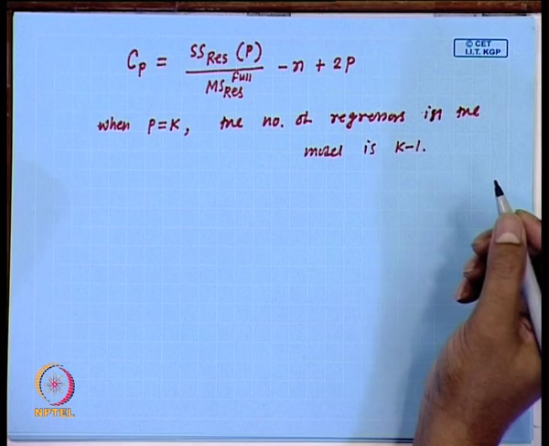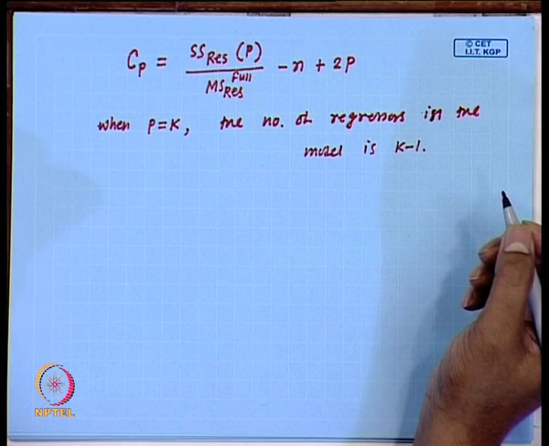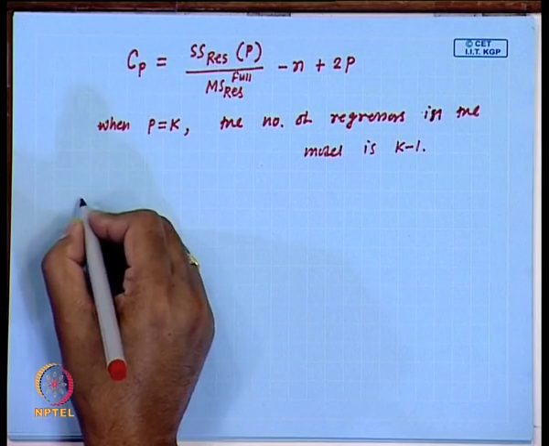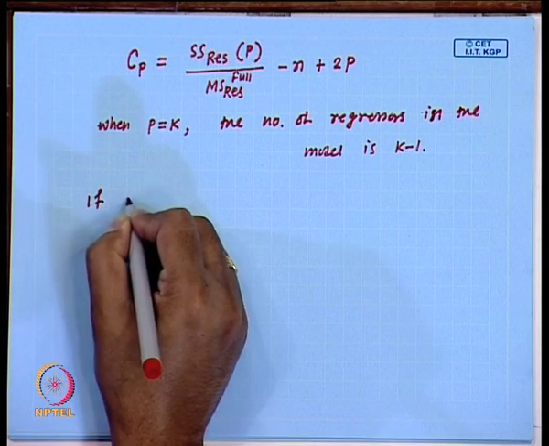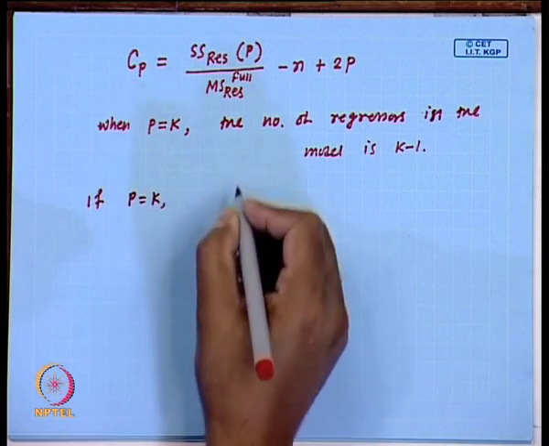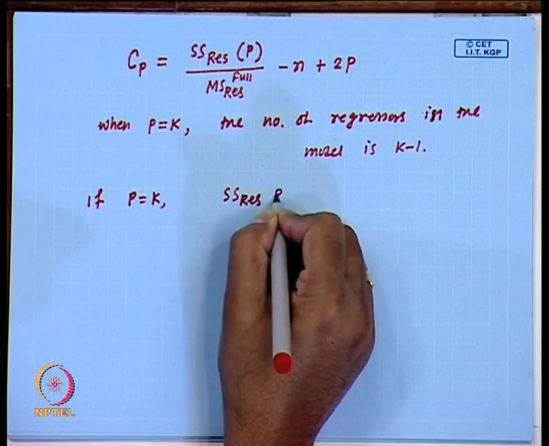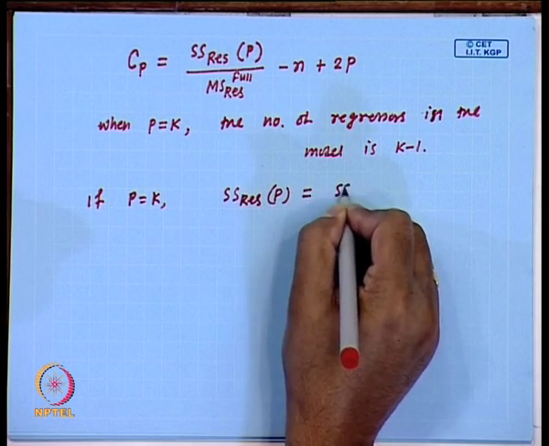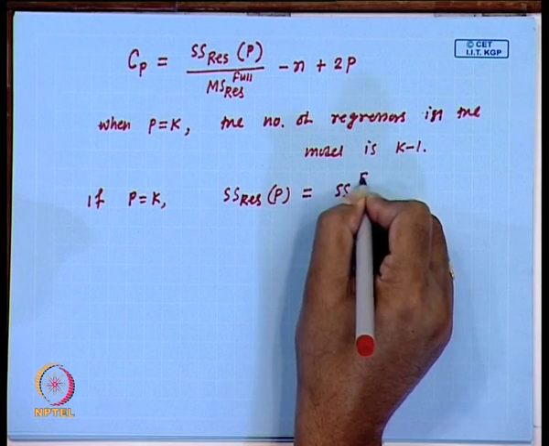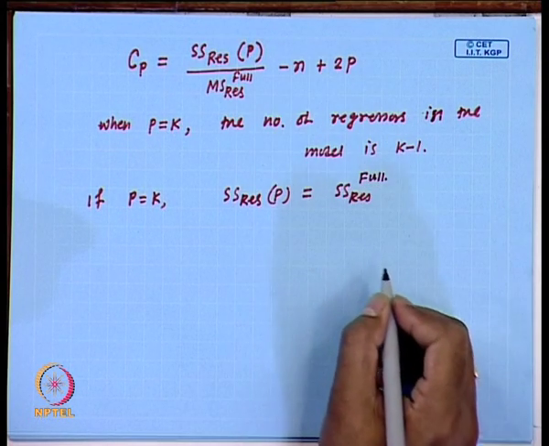Okay. So, if p equal to k, then of course SS residual p is SS residual for the full model, right.